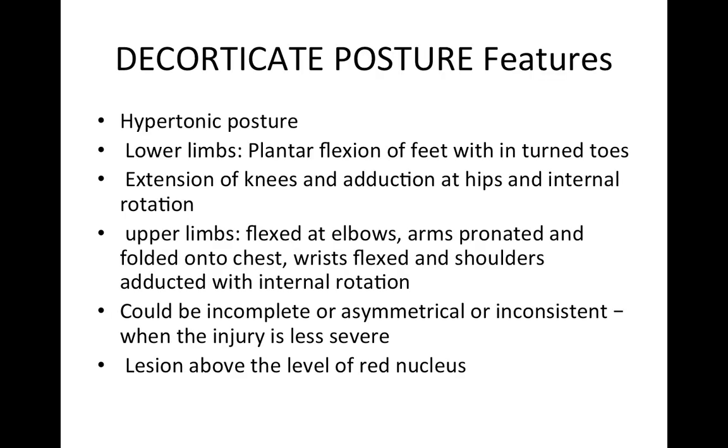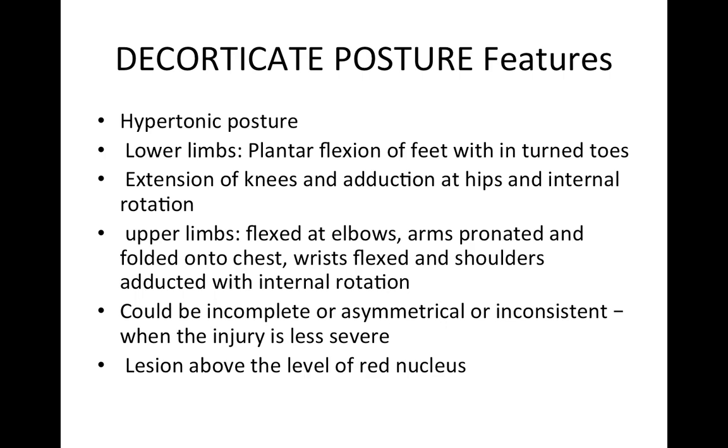Then let us touch on the decorticate posture. This lesion is above the level of the red nucleus, with flexor hypertonicity of the upper limbs and extensor hypertonicity of the lower limbs. This has already been described. What are the features? Lower limbs: plantar flexion of the feet with turning of the toes, extension of the knees and hips, and internal rotation. Upper limbs: flexed at the elbow, arm pronated, folded onto the chest, wrist flexed, and shoulders adducted and internally rotated.